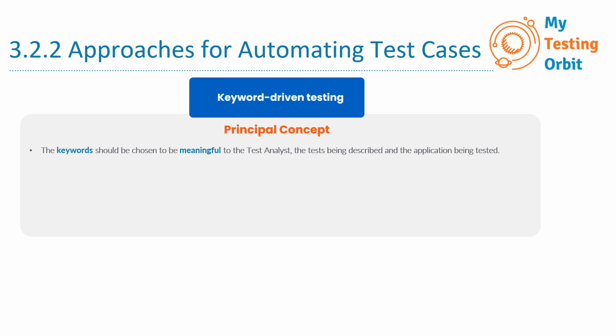Okay, so let's go ahead with the further concepts of keyword-driven testing. The keywords should be chosen to be meaningful to the test analyst, the test being described and the application being tested.